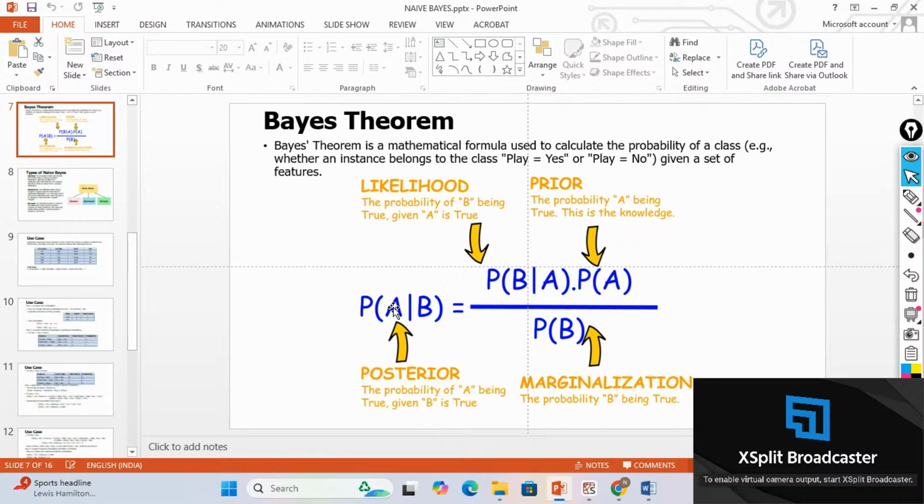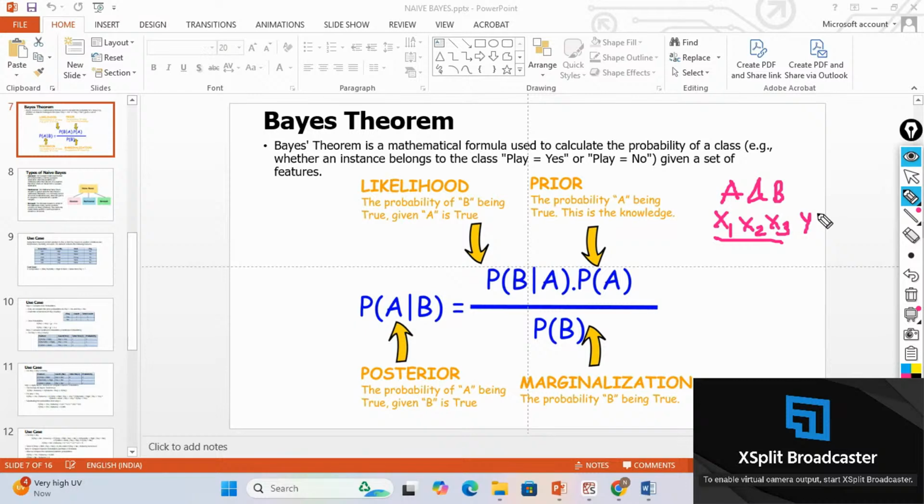A and B represent two events, but in our case we have x1, x2, x3, y. Out of these, what has already happened? Inputs have already happened. We have the input.